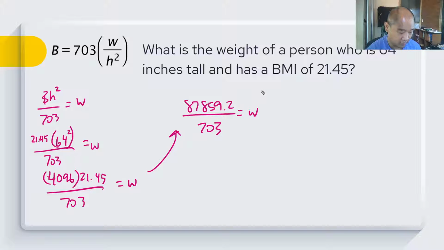So divide by 703, and we get 124.98. So the weight of a person who is 64 inches tall and has a BMI of 21.45 is 124.98 pounds.